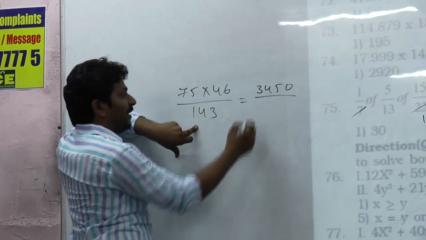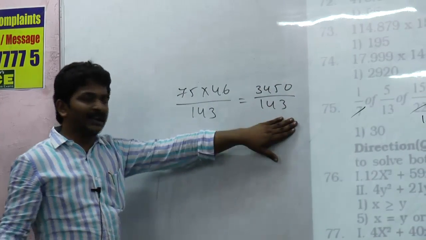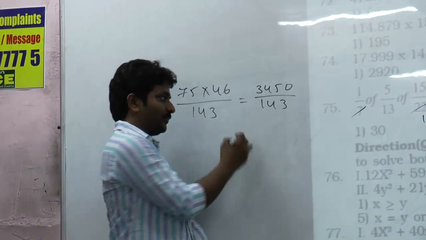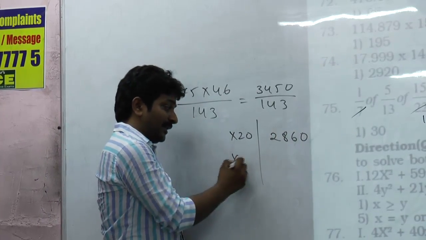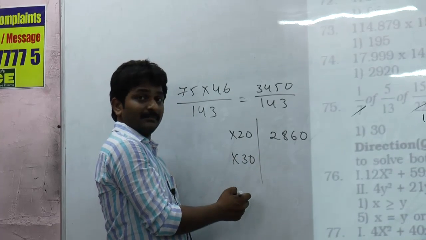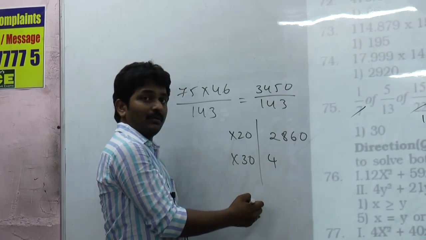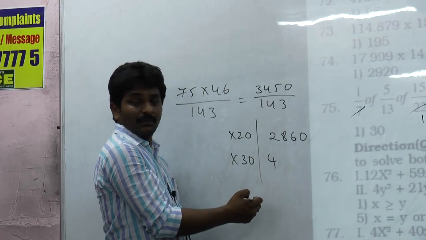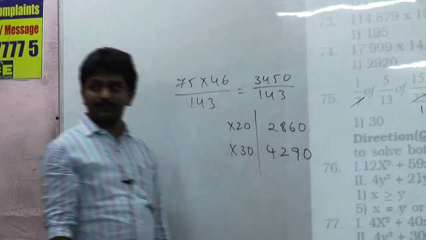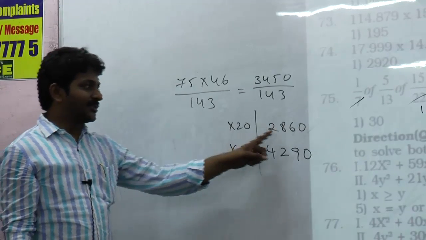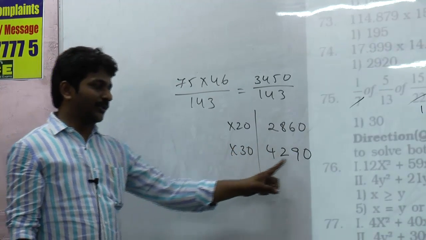3450 divided by 143. 10 times of this number 1430. 20 times of that number 2860. 30 times of that number 4290.